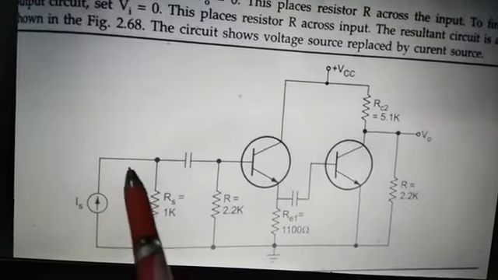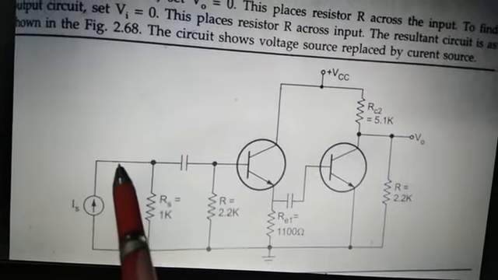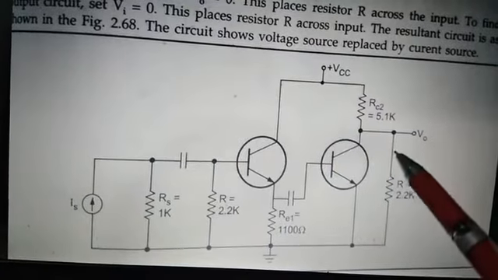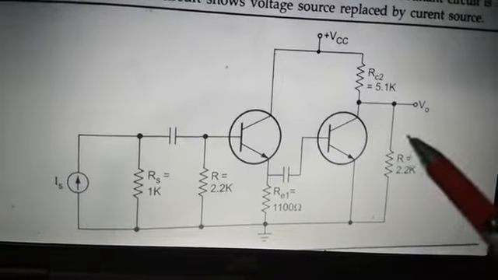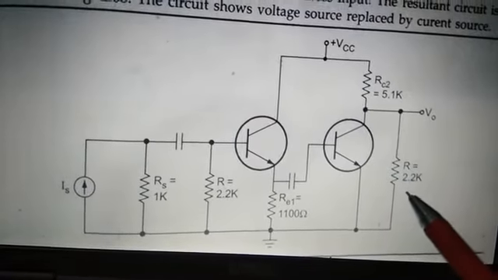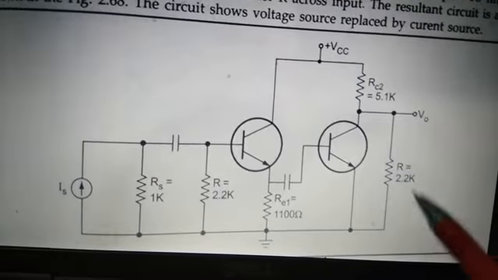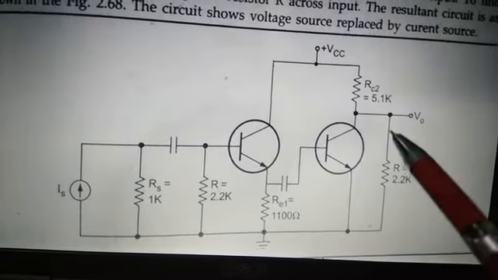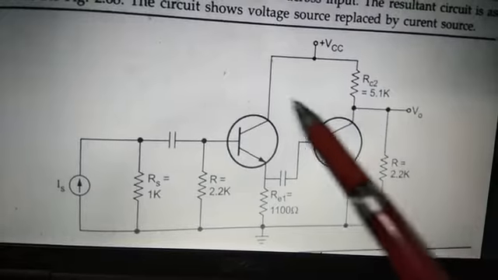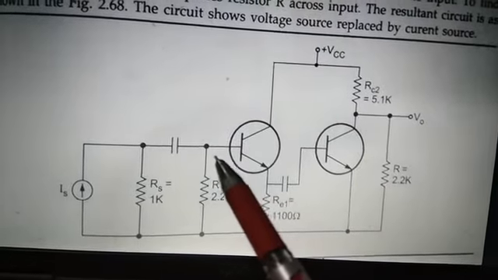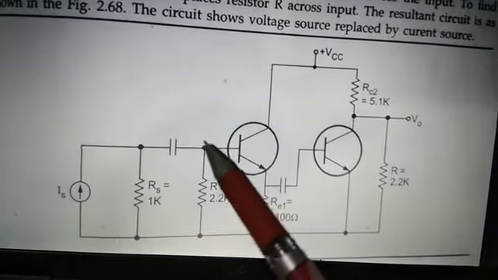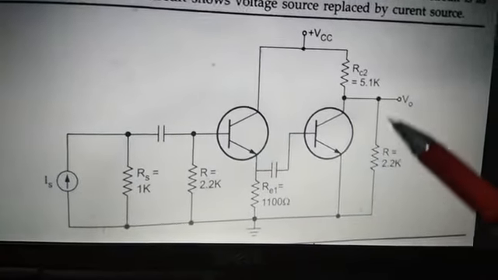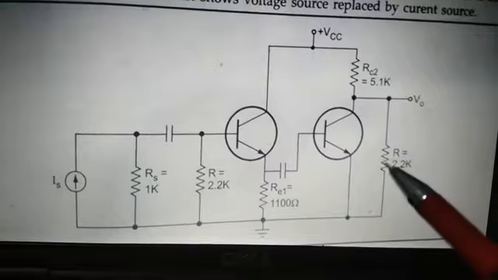So in the original circuit, make the input open, and you will get this feedback resistance, 2.2 kilo ohm, that is R, connected to ground, which was earlier connected from this collector to the base of this transistor. Now if we keep the input open, this will be grounded, so this resistance will appear here at the output side.